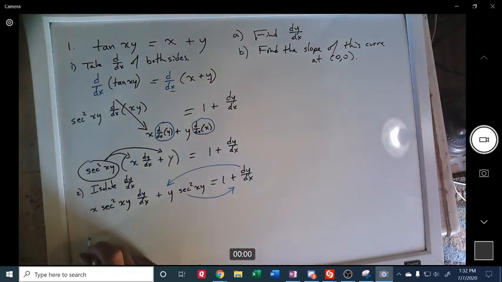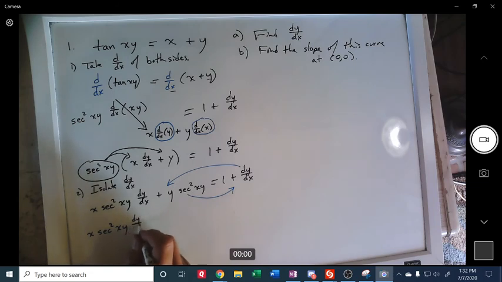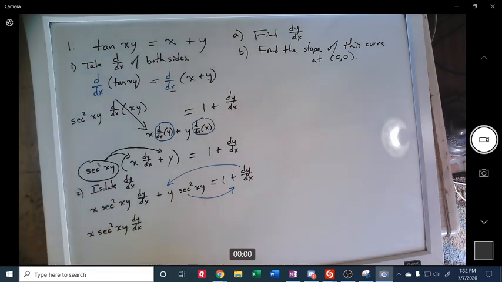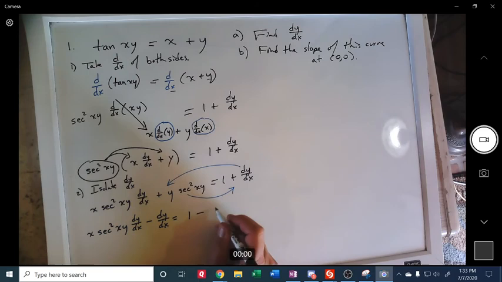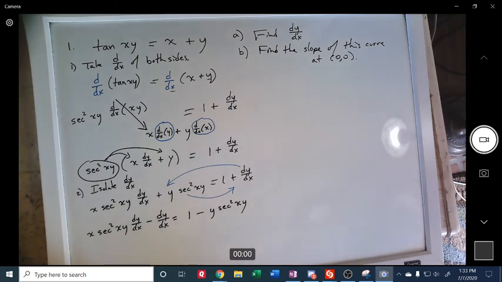So I'll get that. Then I'm going to factor out. I have 2 occurrences of dy/dx, so factor it out.